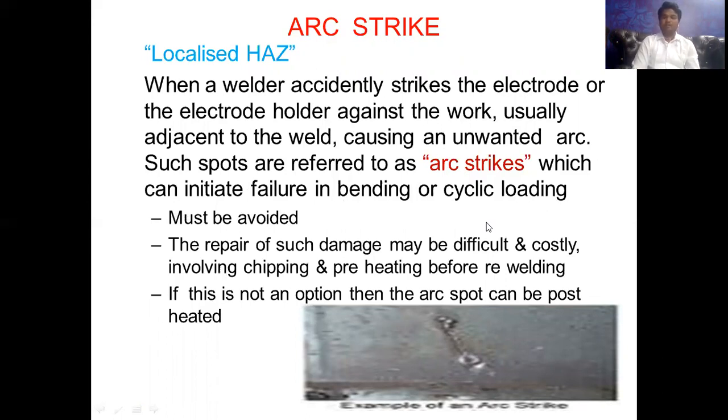Already there is the electronic plasma, and if the welder hits the electrode with the workpiece material, it causes arc strikes. These are undesirable and must be avoided. Repair of such damage may be difficult and costly, involving chipping and preheating before rewelding. If this is not an option, then arc spots can be post-heated.